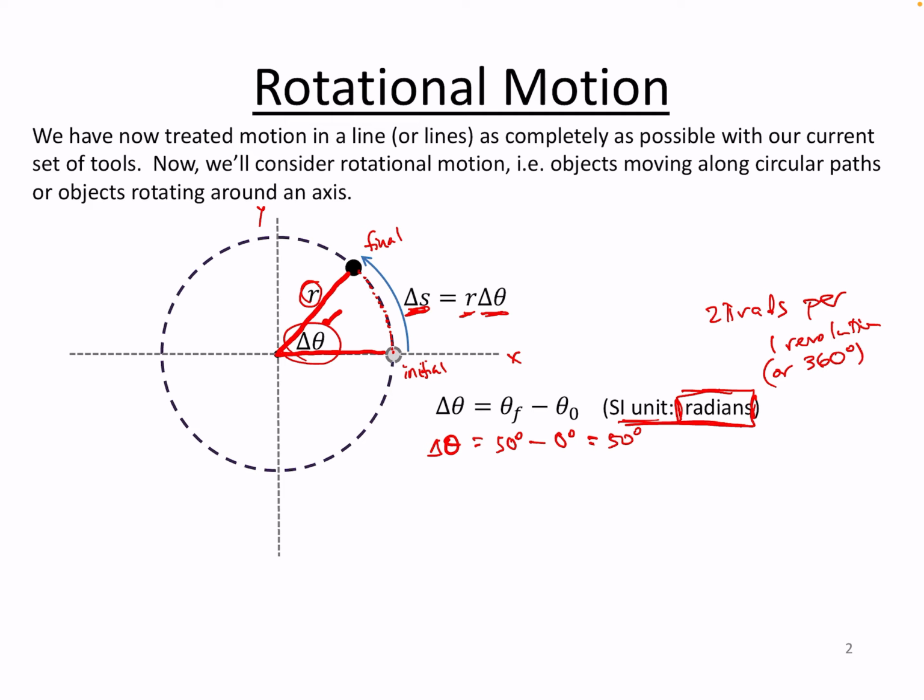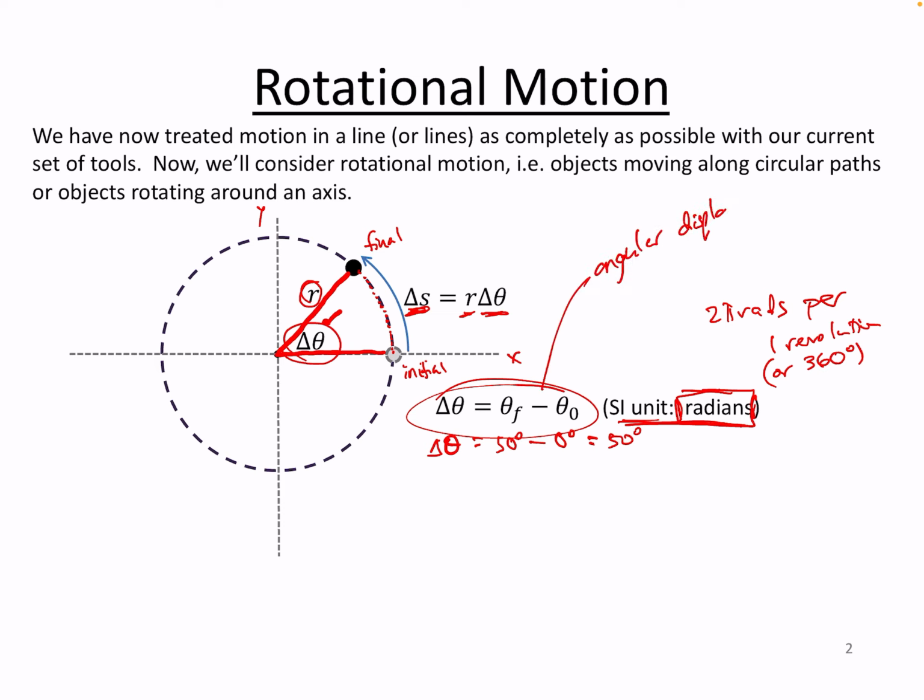So this would be better stated as something a little bit bigger than pi over 4 minus 0 radians, and then we'd be off with our standard units. But this is the definition for an angular displacement.